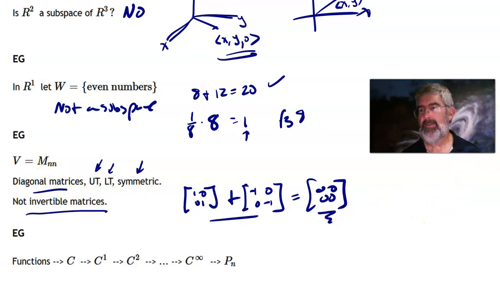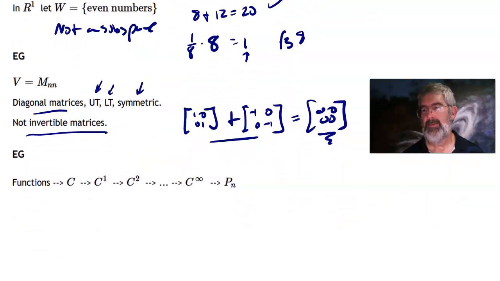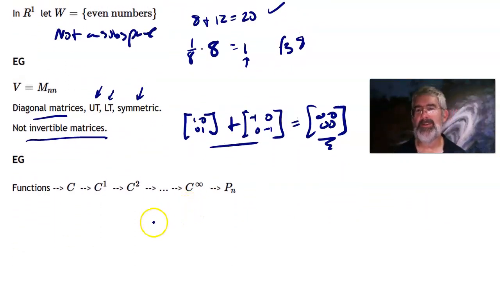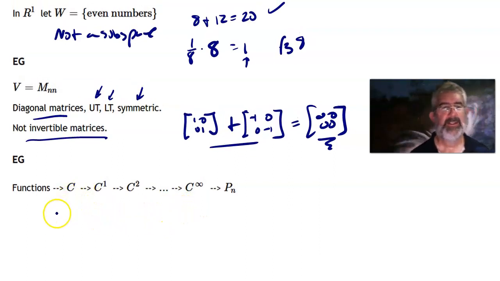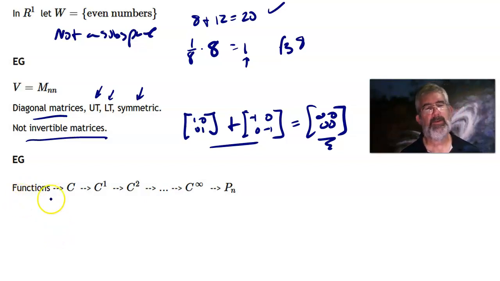Okay. And lastly, I just want to take a look at a telescoping sequence of subspaces. Take for your big space here the space of all functions. I'm thinking of these as functions that are defined on, let's say, the whole real line. Now, as a subset of those, there's the set of continuous functions.